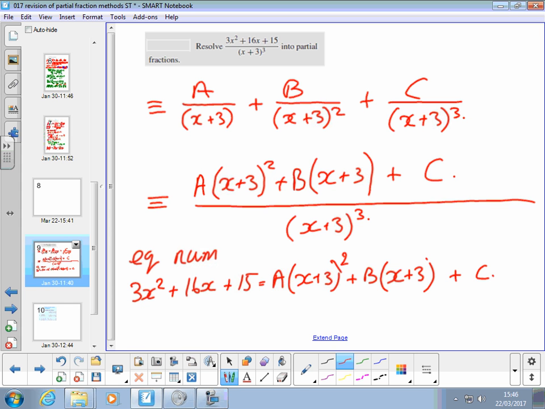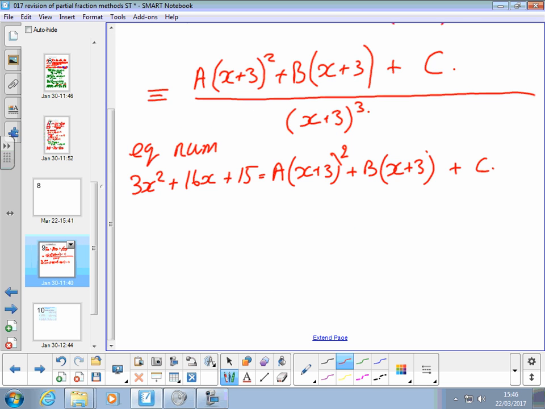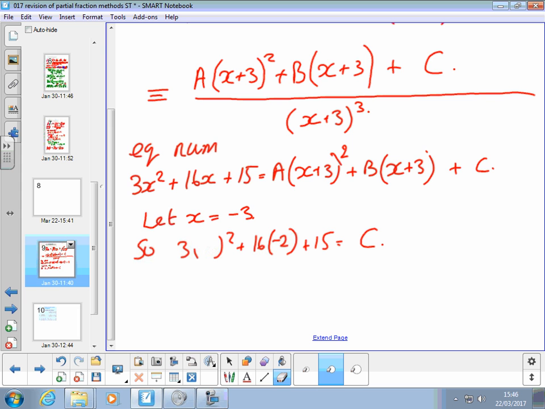Right, equating numerators. What can we do now? Get rid of two terms. Yeah. X equal minus 3 will eliminate these two. Not a deliberate mistake you spotted, Kieran.